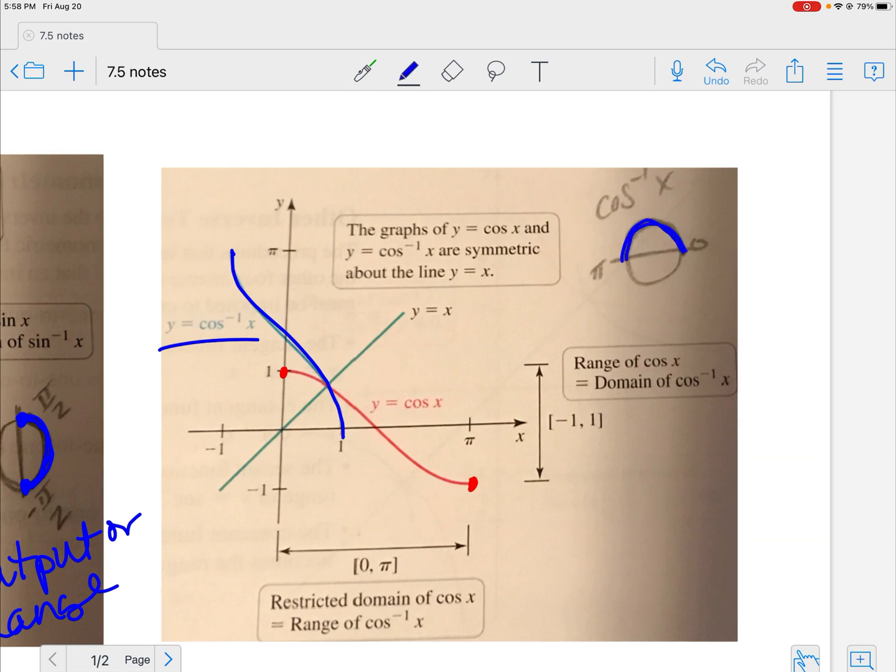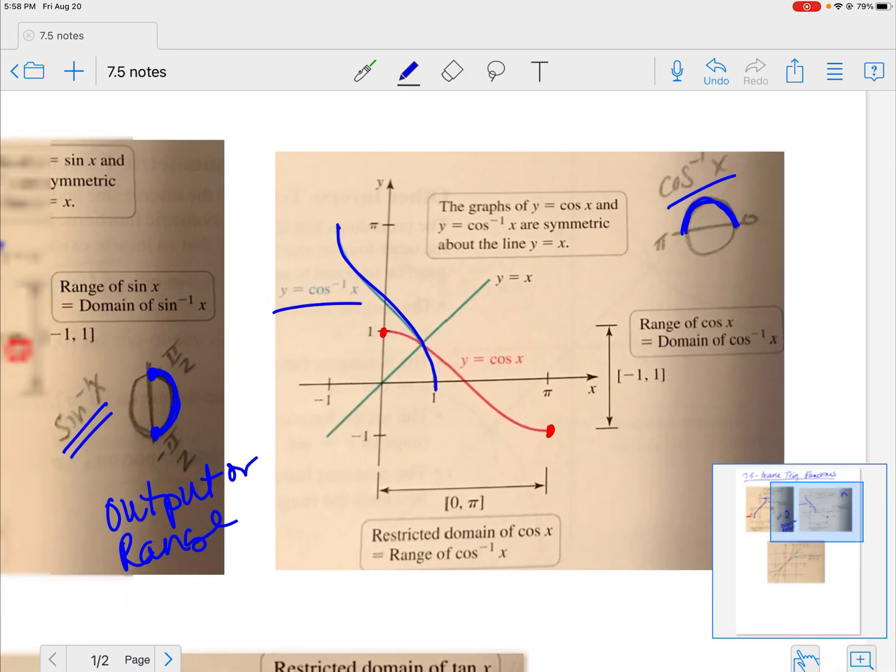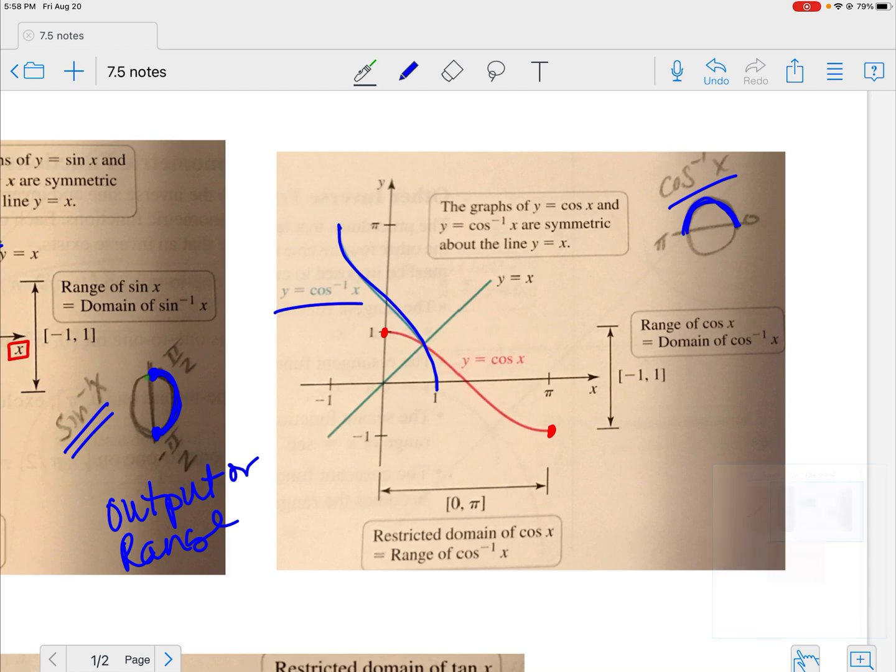When you restrict your domain, then you have that same restriction as your output value for your inverse function. So sine output can only go from negative pi over 2 to pi over 2. Cosine output or range is restricted up here from 0 to pi.